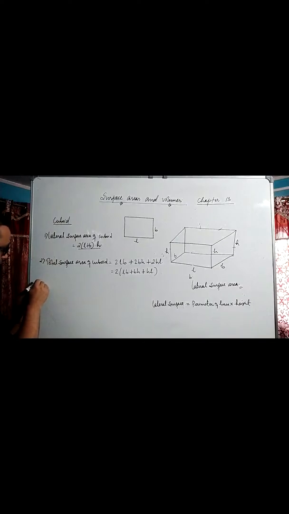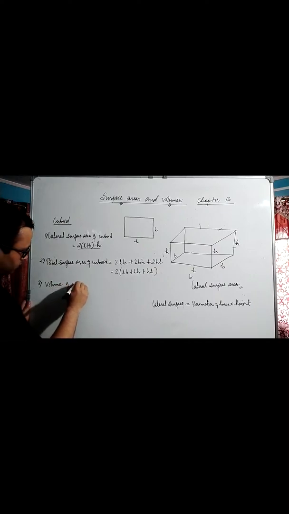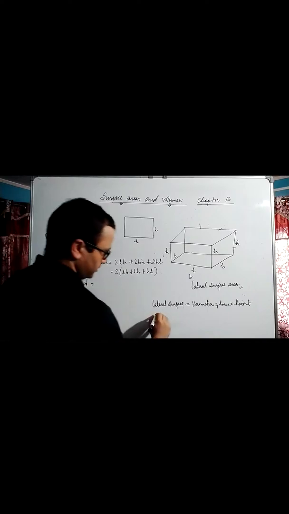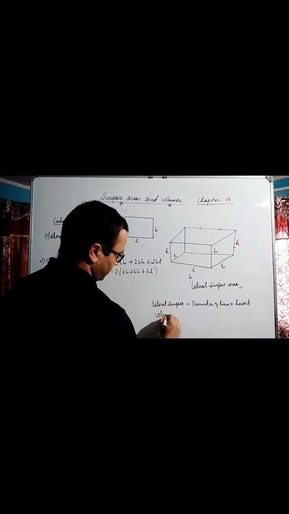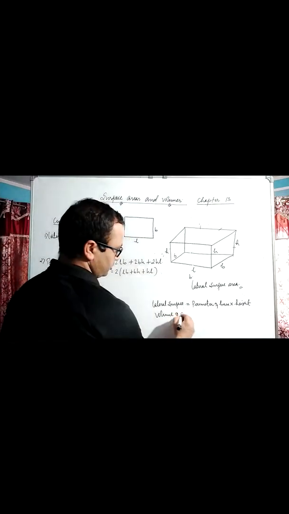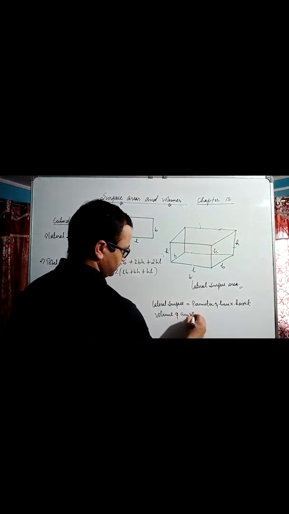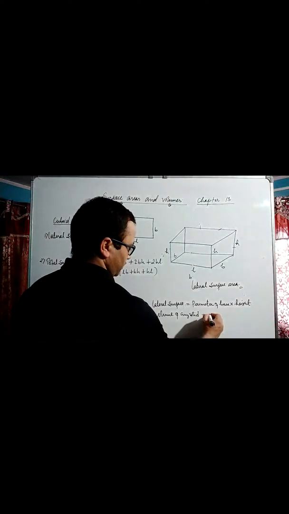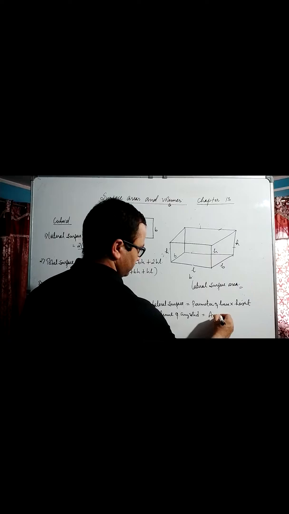The third one is volume. For calculating the volume of a cuboid: for any solid except a sphere, the formula will be area of base into height.